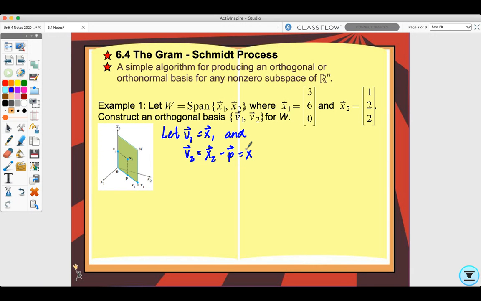And x2 minus p would be x2 dot x1 all over x1 dot x1 times x1, subtracted from x2.